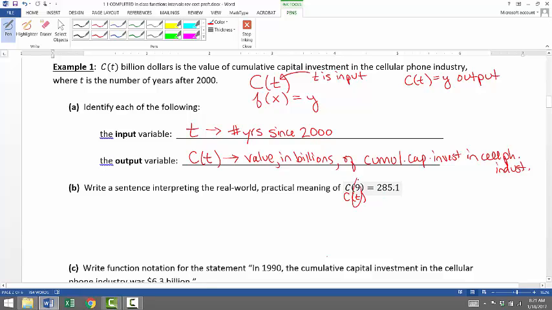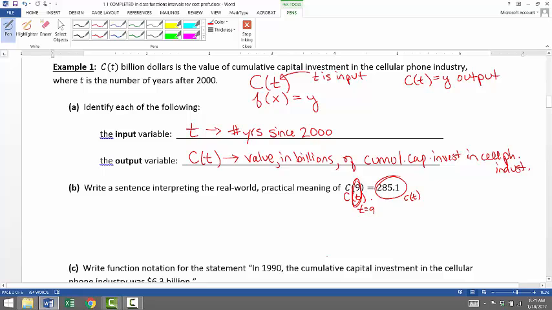They're telling us here T is 9 and the C of T is the 285.1, and we already stated above that when we see a T, we know it represents the number of years since 2000. When we see a C of T, it represents the value in billions of the cumulative capital investment in the cell phone industry. So putting that together here, 9 is number of years since 2000.